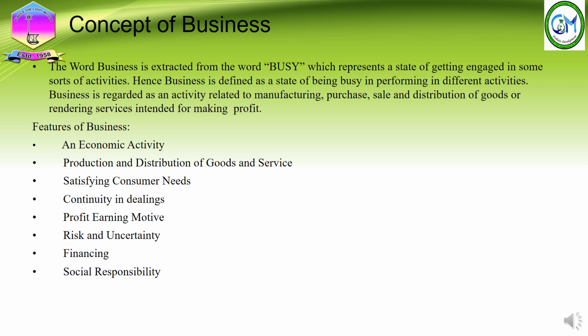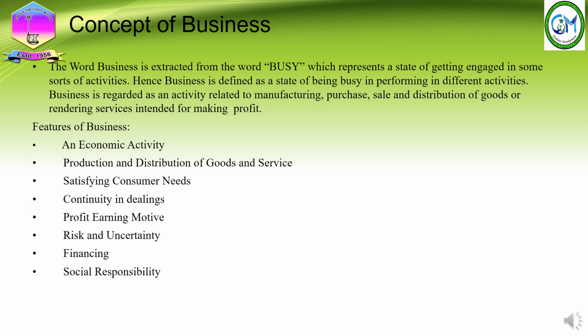Business is regarded as an activity related to manufacturing. Manufacturing means manufacturing of goods and services, the end products. We take the raw material, which we call the input, put it into the process, and finally we get the output. That is manufacturing.